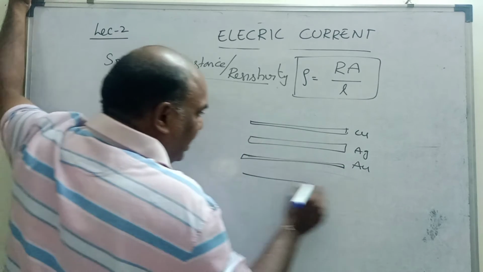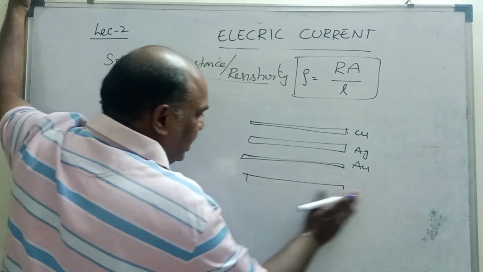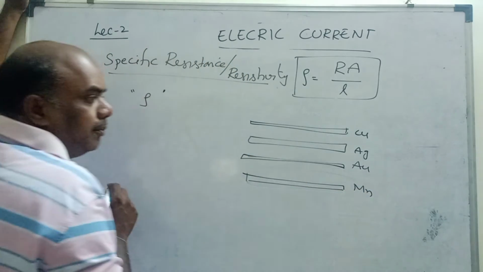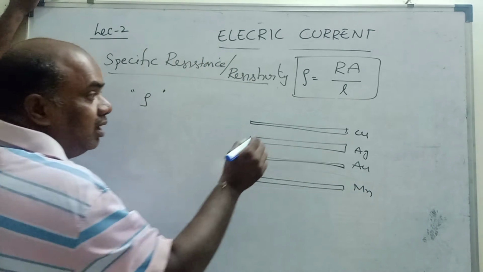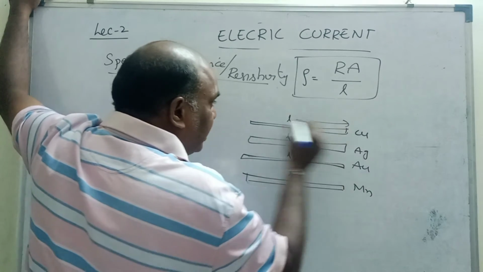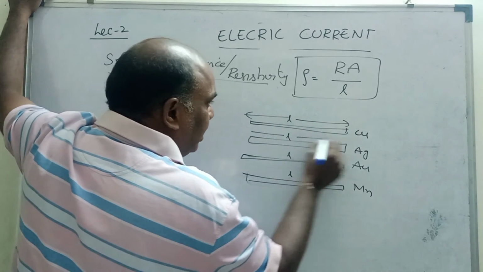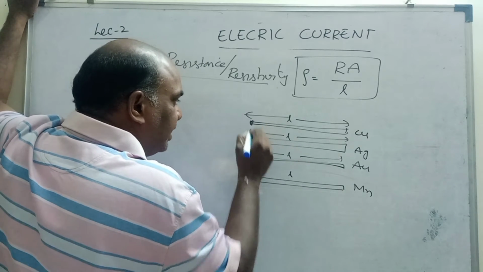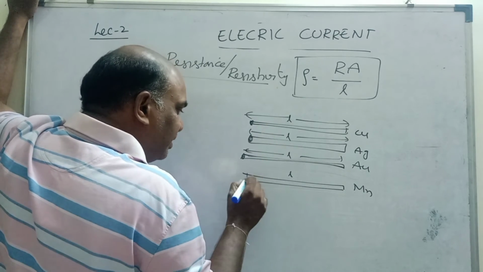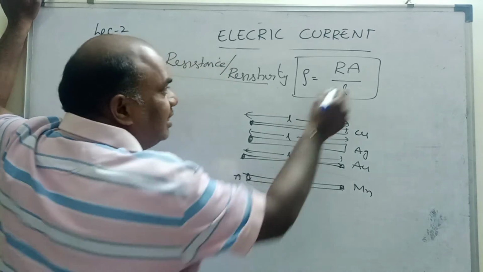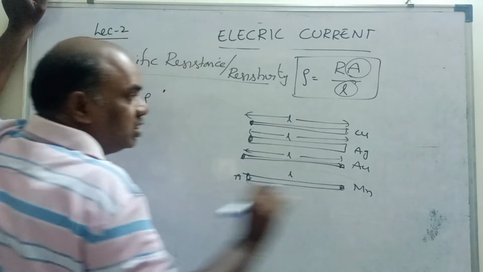Like that, manganese, n number of wires, as many wires as you want, you can take. But the condition is that the length of all conductors must be the same. Length and thickness, these two must be the same.